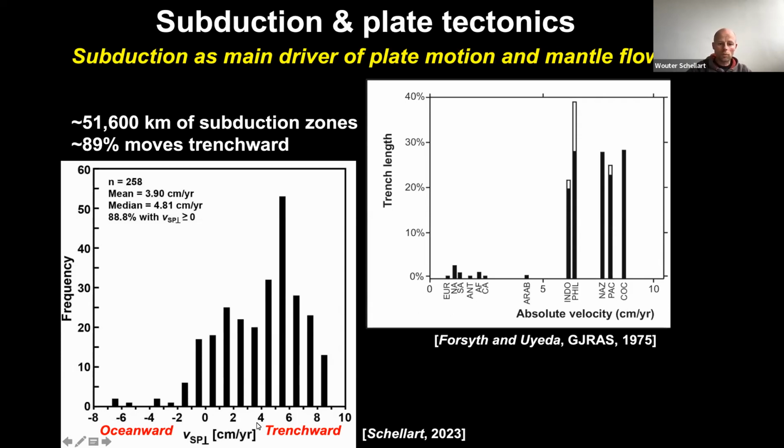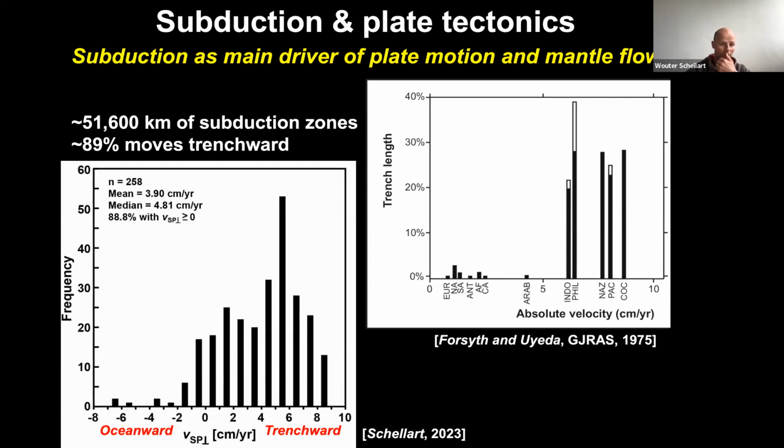So in the horizontal axis, what we see is the subducting plate velocity, where trenchward is positive and oceanward is negative. And we see from these data points, about 258 data points, that for about 89% of these trench segments, the subducting plate is moving trenchward. So for about 46,000 kilometers or so, the subducting plate is moving trenchward.